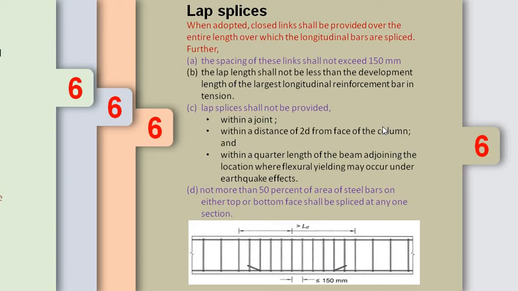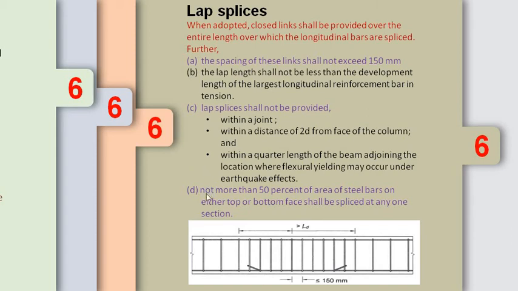The lap length shall not be less than the development length of the largest longitudinal reinforcement bar in tension. Lap splices shall not be provided within a joint, within a distance of 2d from the face of the column, or within a quarter length of the beam adjoining the location where flexural yielding may occur under earthquake effects.